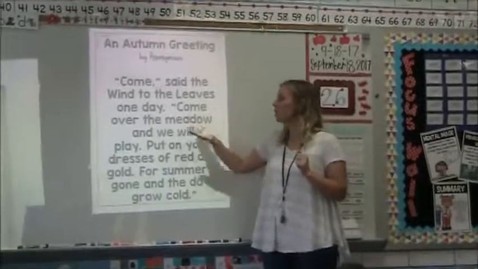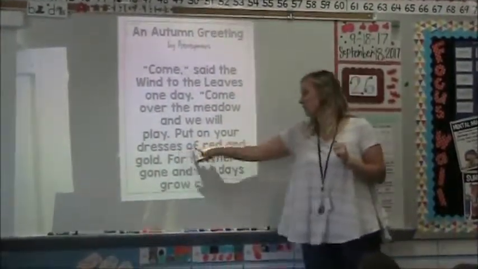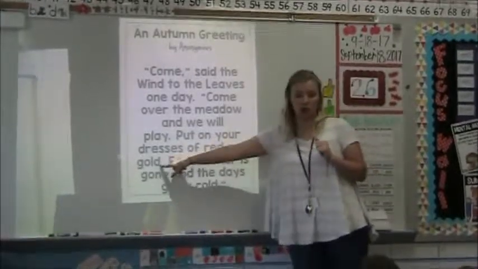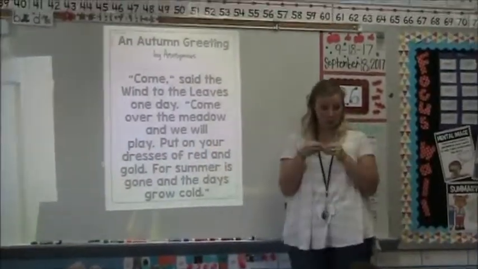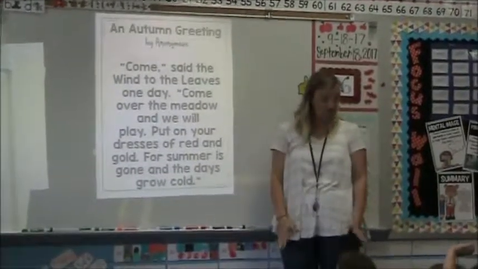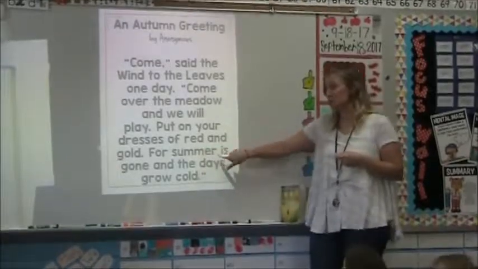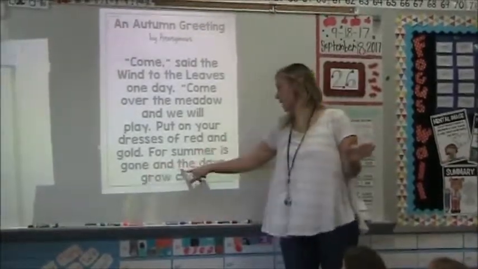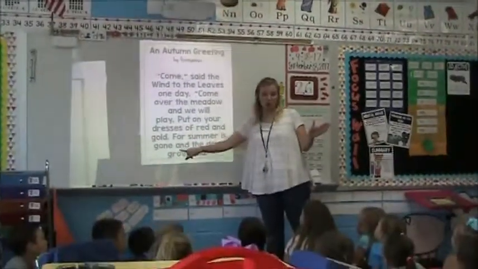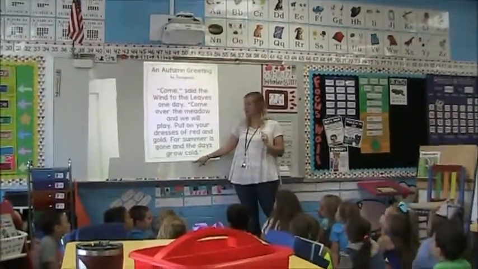Come over the meadow and we will play. Put on your dresses of red and gold. Visualize that for me. The leaves with their dresses of red and gold. For summer is gone, and the days grow cold. So there were a few rhyming words in there to help you.